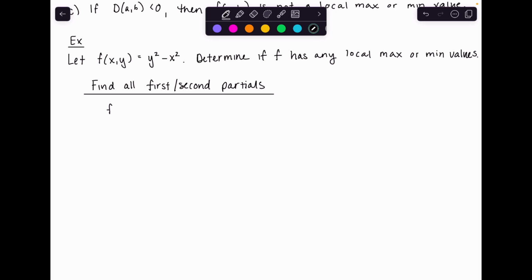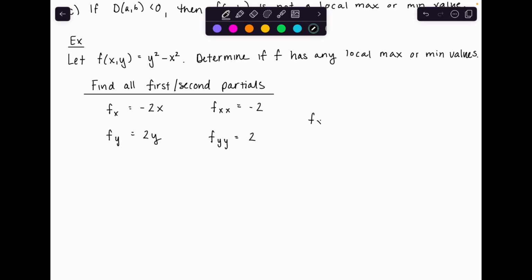So if I take the partial with respect to x, that will be negative 2x. And the partial with respect to y is 2y. If I then take the partial with respect to x again, this is negative 2. And the partial with respect to y again is positive 2.